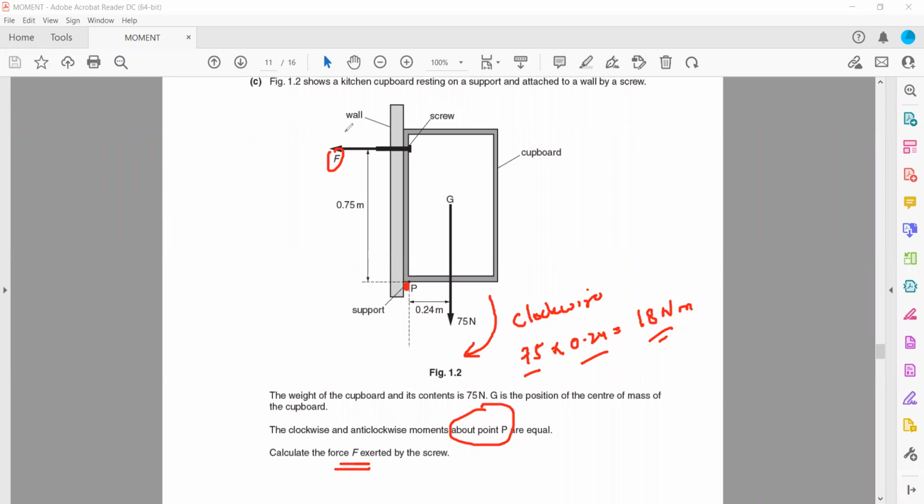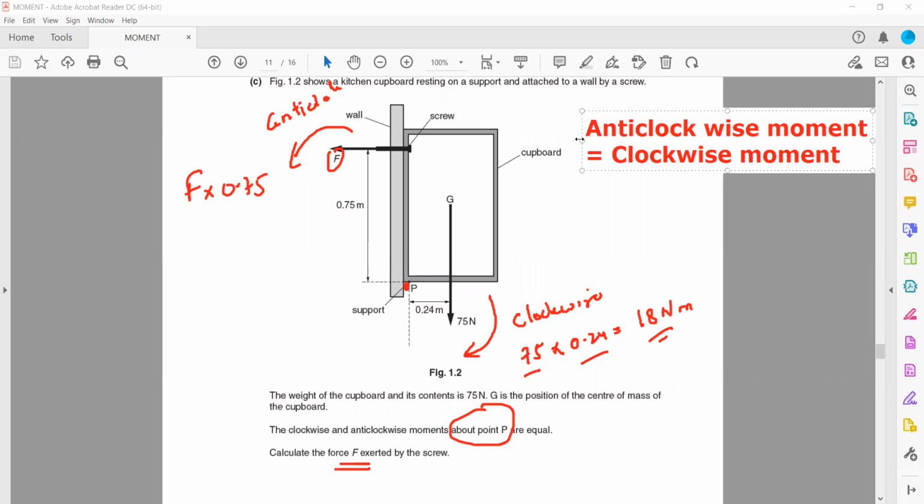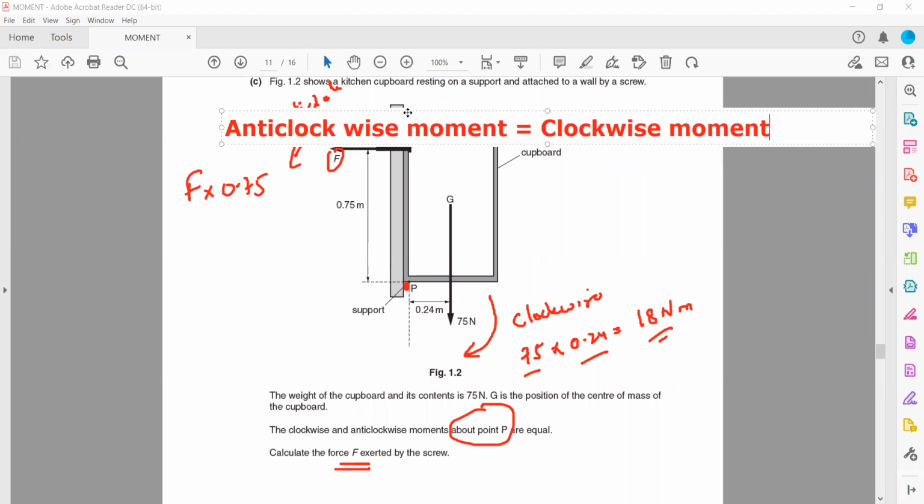Then another force F is there, which is trying to cause a rotation anti-clockwise. That is force F, and the distance from the pivot is 0.75. So how much is the turning effect? F into 0.75. But because this object is in equilibrium, the total clockwise and anti-clockwise moments will be balanced.